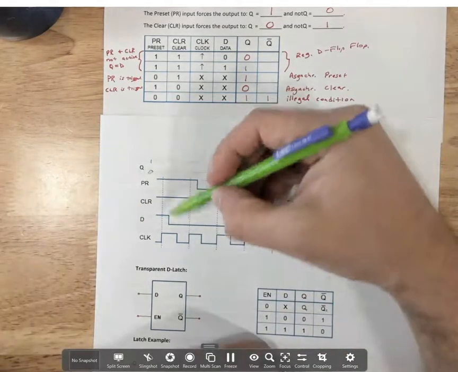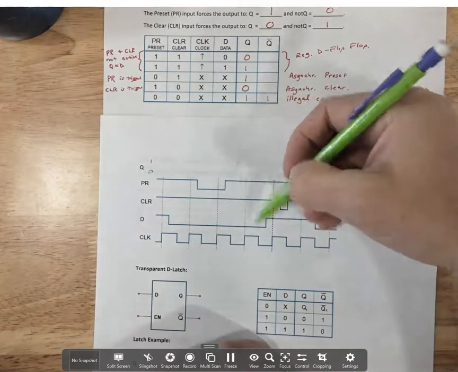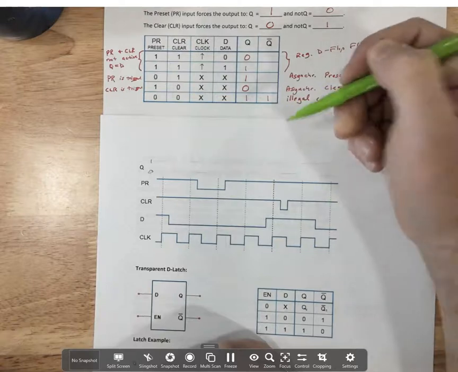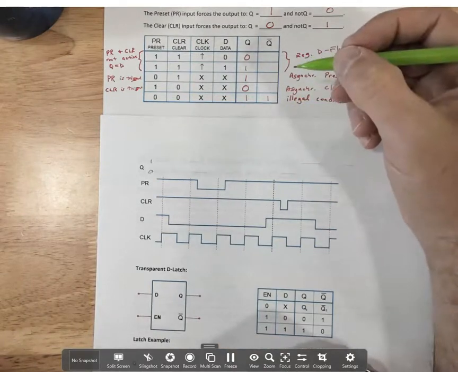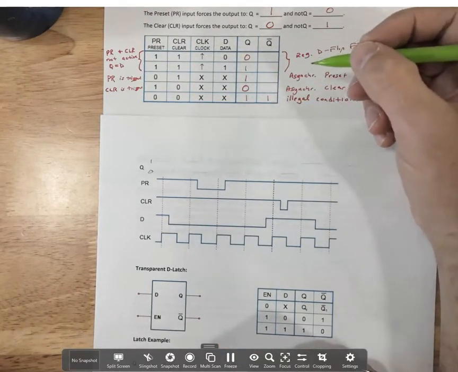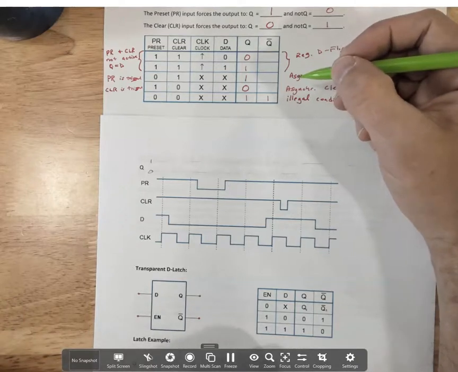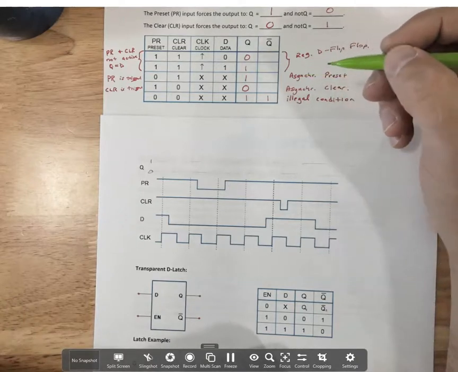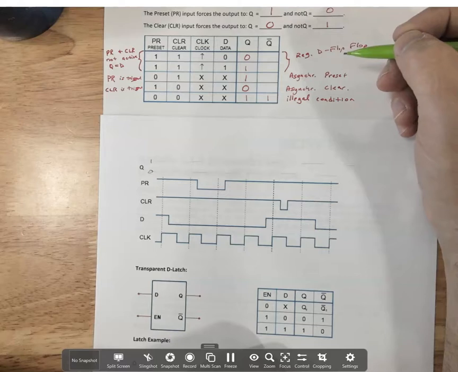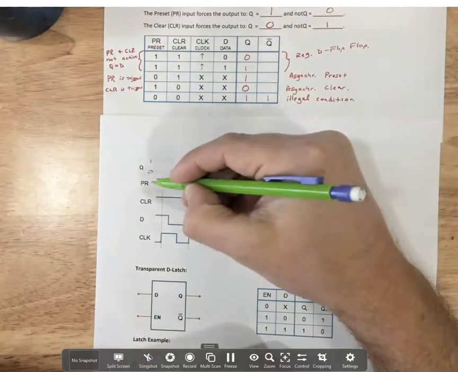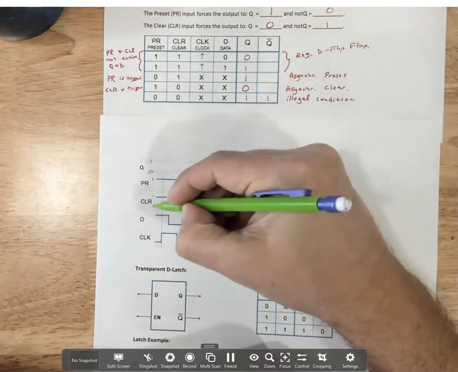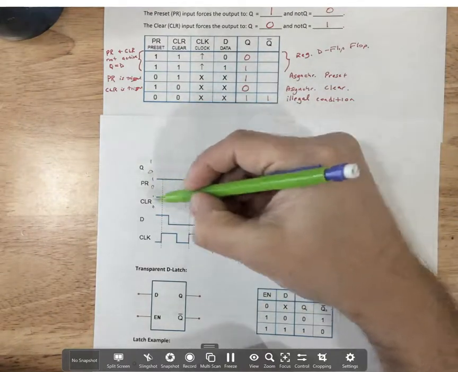So they've already given me these vertical lines at all the rising edges of the clocks. But I'm going to go and add in, look for any places where I should add in another line where the asynchronous inputs have been triggered. And remember, they're active low. So preset and clear are both starting at the 1 level, so they're not active.